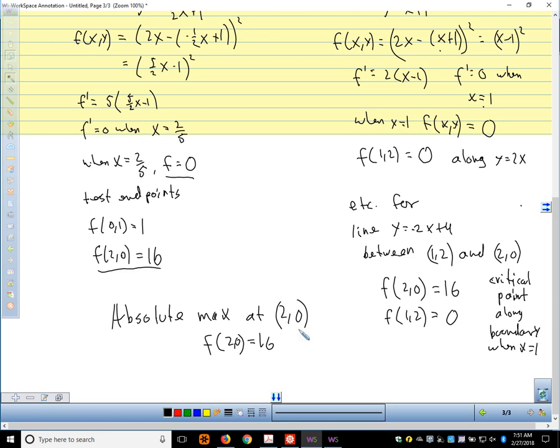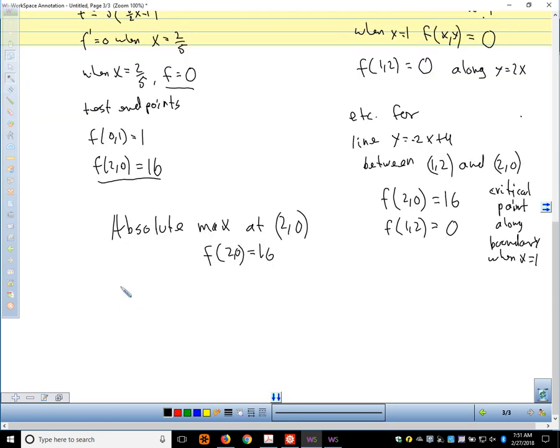And our absolute minimum for this function is along the line y equals 2x. And in that case, f of x comma 2x is 0.